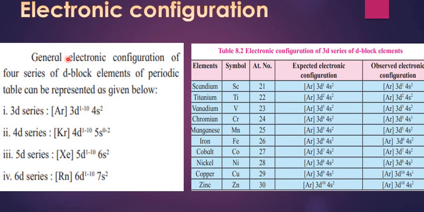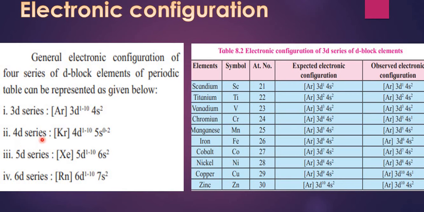Now, electronic configuration. The general electronic configuration of the four series of d block elements can be represented as follows. For the 3d series, which is present in the 4th period, it would be argon's electronic configuration, then 3d with 1 to 10 electrons, and 4s2.